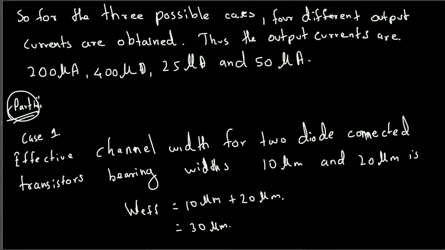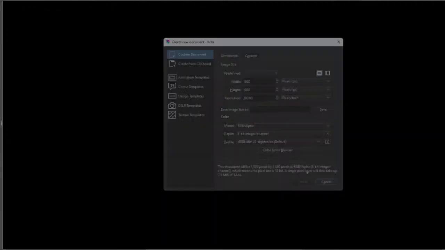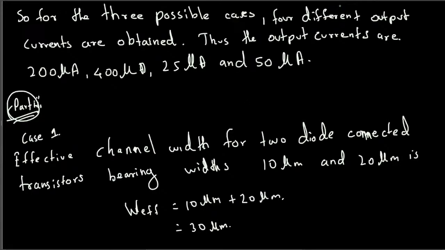So that's the difference. Okay, now let's go and solve the problem. If you look at the problem before, it's exactly the same, but this time we just have one output current. If we take the two with 10 and 20, then the current we are looking at is the third one. We already took the first two. So the ratio we are going to have is I3 over I1, which is equal to W3 over L3 divided by, this time, instead of W1 you just put W efficient, because you combine two of them as one.